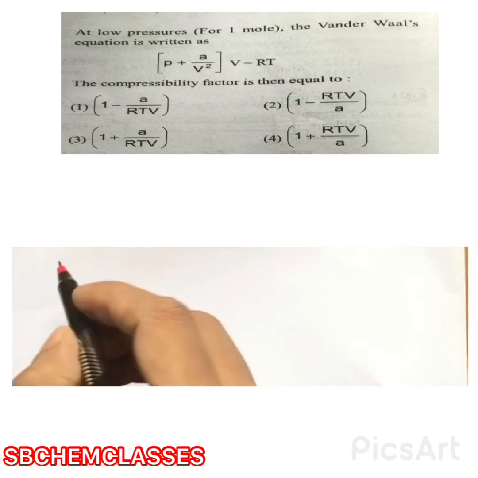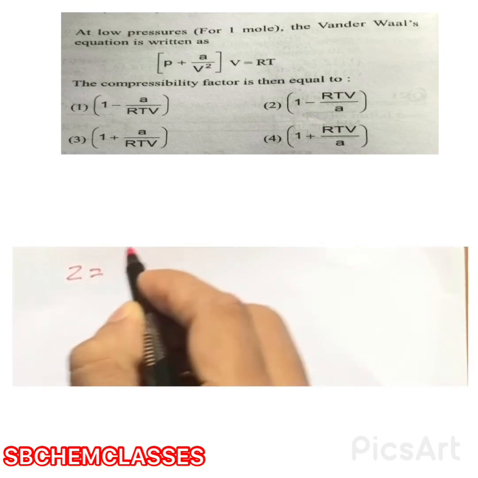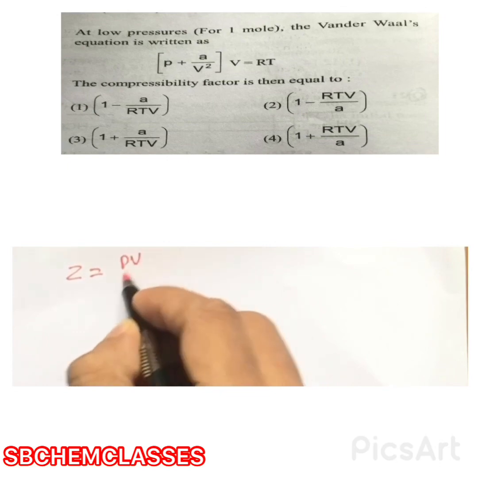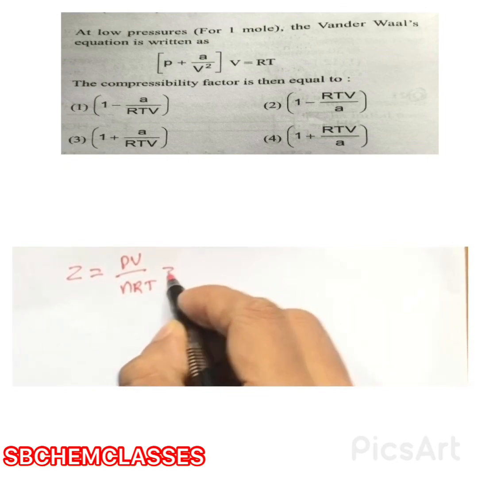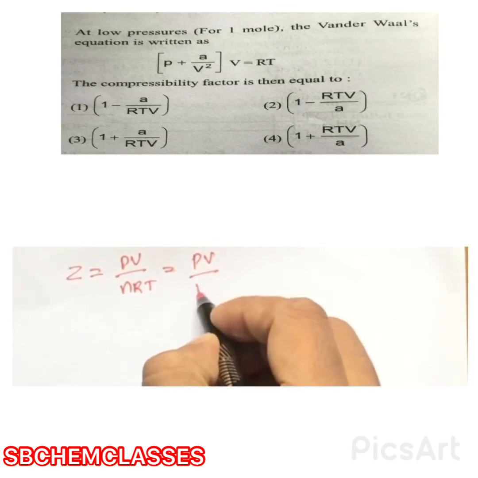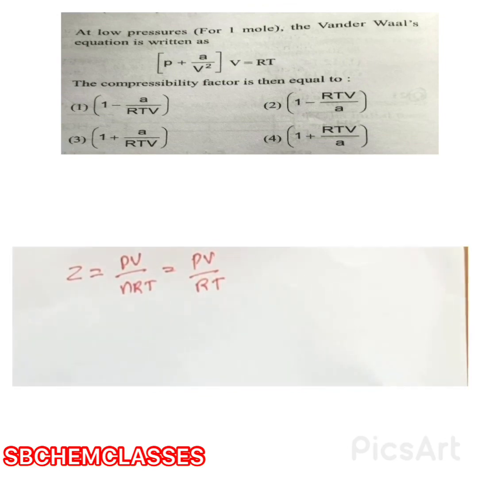Compressibility factor is represented by the term Z equal to PV by nRT. For 1 mole, it is equal to PV by RT. In this question, very low pressure is used.